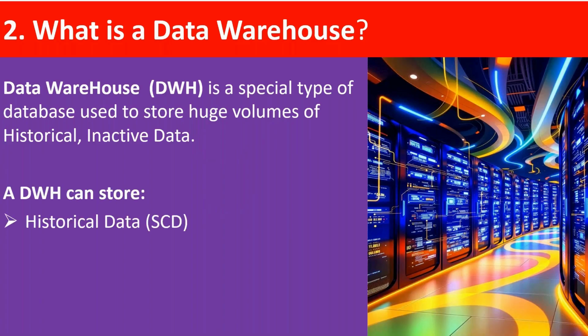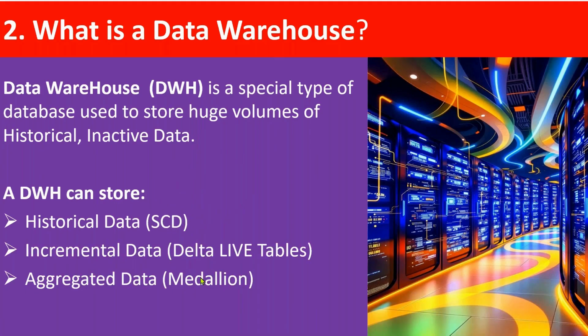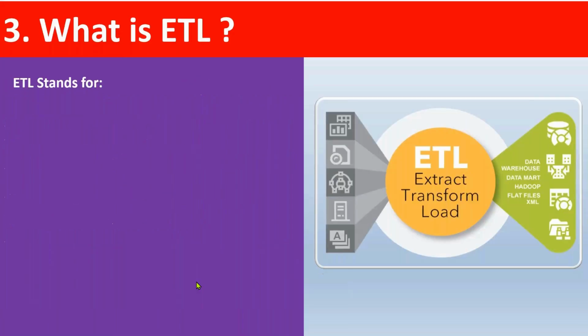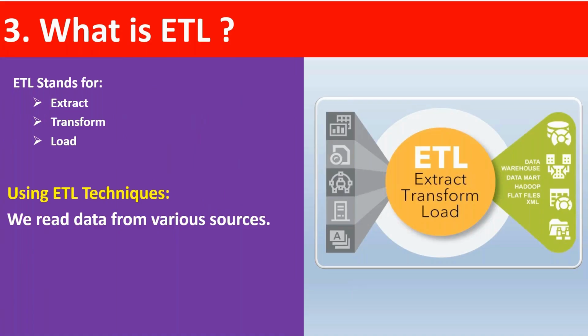In our classes from tomorrow, we are going to learn how to implement something called SCD and incremental loads with DLT, Delta Live Tables, and Medallion architecture. Here I said SCD, Delta Live Tables, and Medallion, right? These three items need ETL, extract, transform, load.